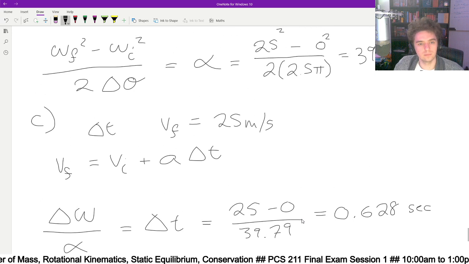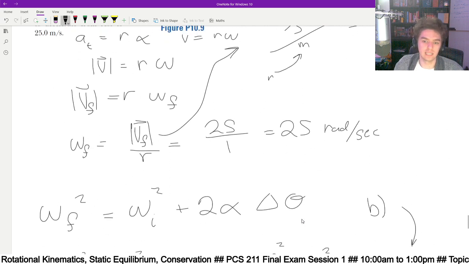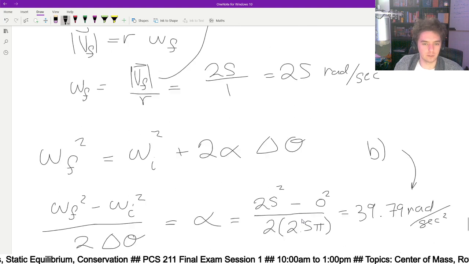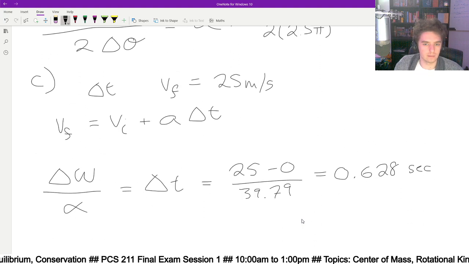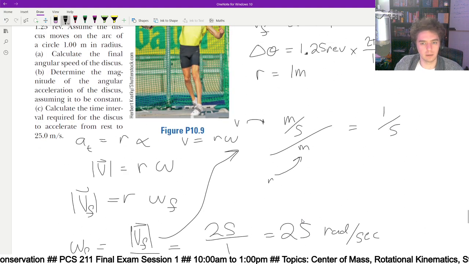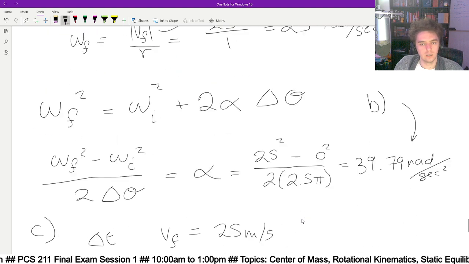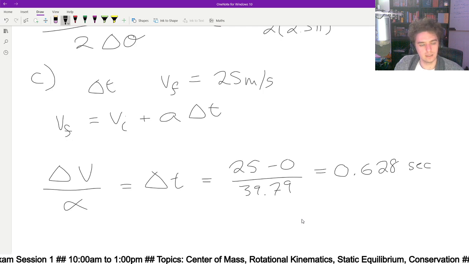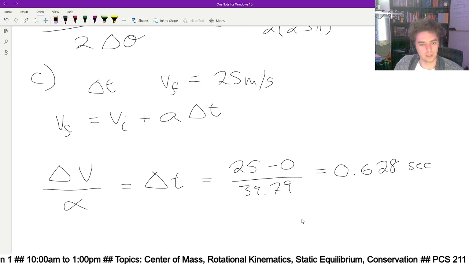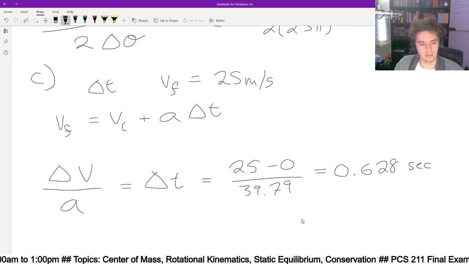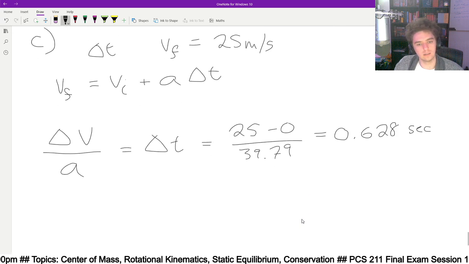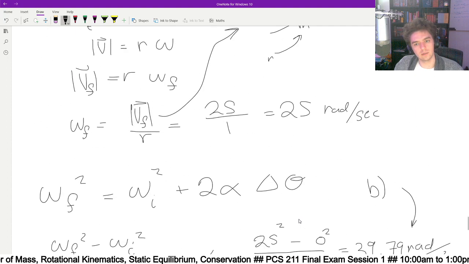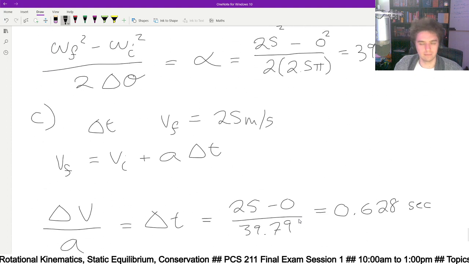We converted VF to omega f in part A, and it was the same number, but only because the radius is 1. If it wasn't, we'd be in trouble. So let's do it properly. This is delta V, and VI is still 0. So delta V is 25 minus 0, over the linear acceleration.